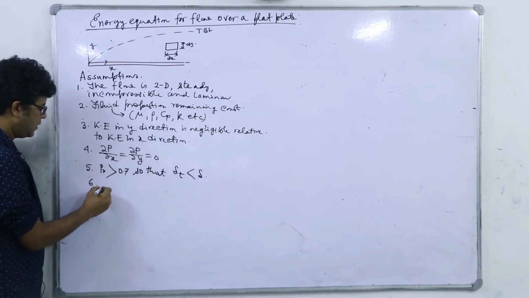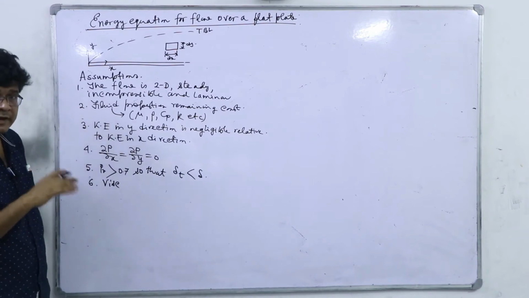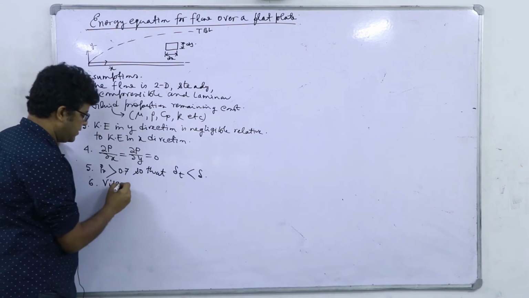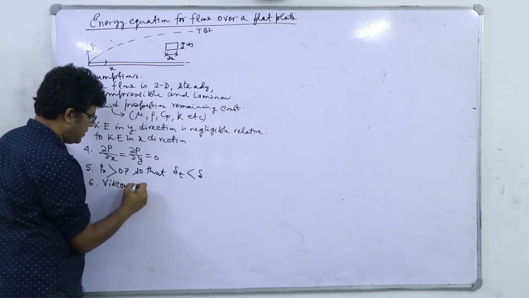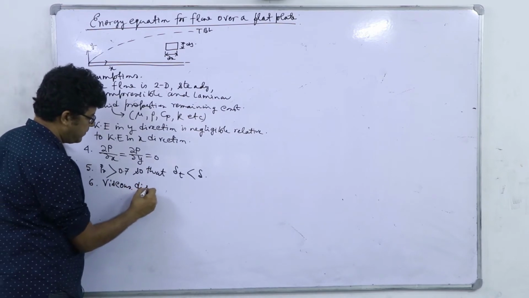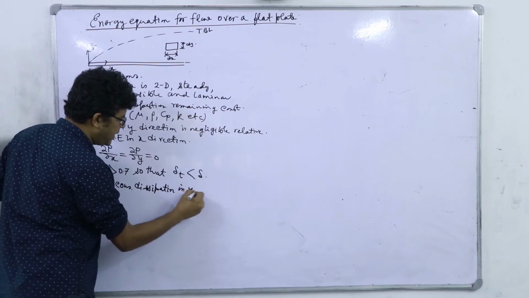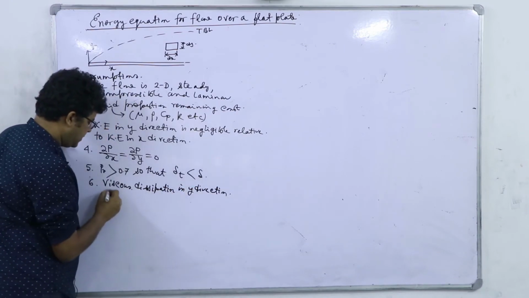Sixth, viscous dissipation. This I am not going to explain just right now, definitely through the course of derivation I will explain it. Viscous dissipation in y direction is negligible.